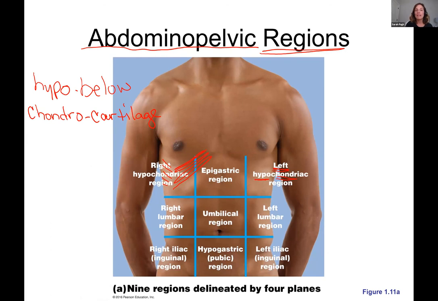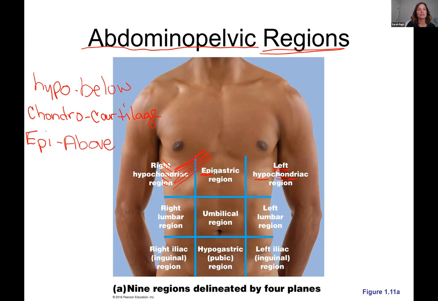Now, in the middle, we have an epigastric region. So let's break these parts of speech down. Epi. Does anyone know what that term means? Think epidermis. So epi means above.